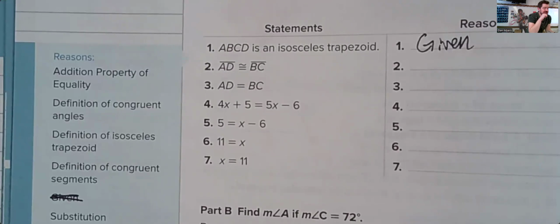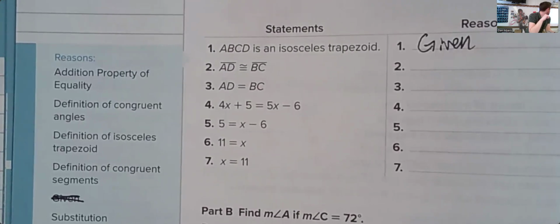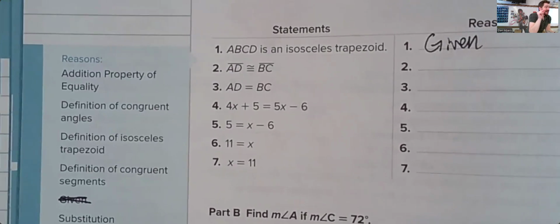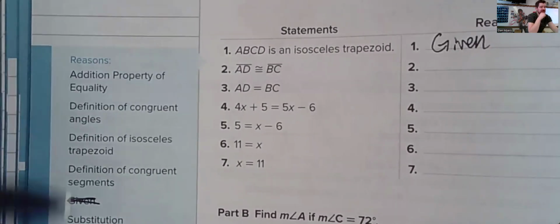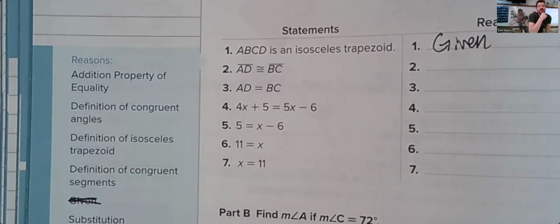AD being congruent to BC. How do we know that, because we have an isosceles trapezoid, that two of the sides are the same? Look at the list over to the left. What thing from the list can we use to say that those lengths are equal or congruent?